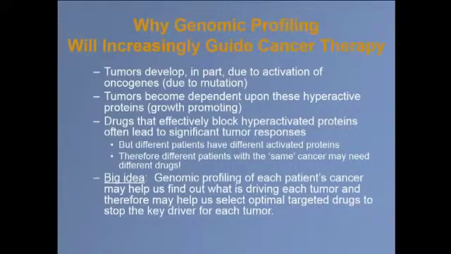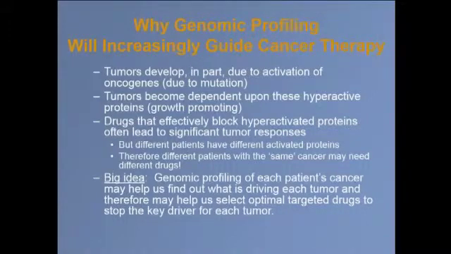It's sort of like, if you have a car that is going fast because the gas pedal is stuck to the floor, taking your foot off the accelerator is not going to make that car go any slower. But if you have a car that's going fast because your foot is pushing down the accelerator, taking the foot off the gas pedal is going to help.